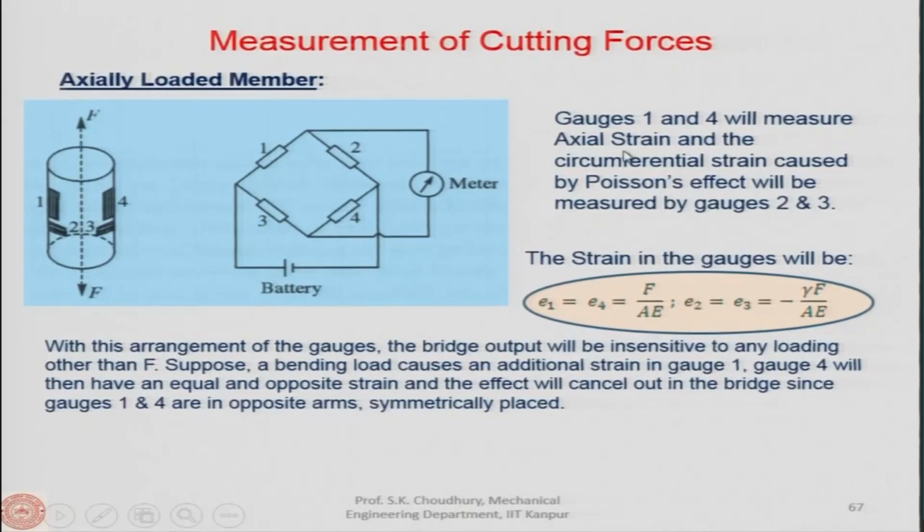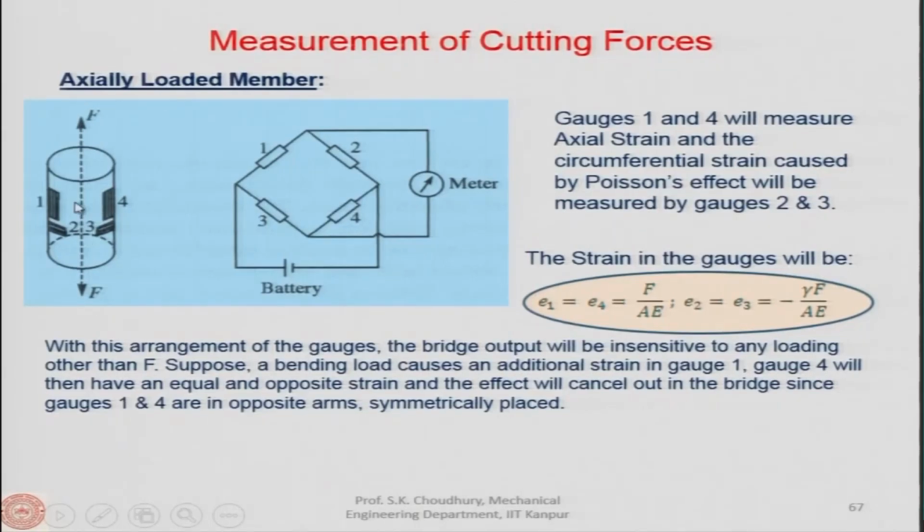Now, when the axial load is applied, the axial strain will be measured by gauges 1 and 4, and gauges 2 and 3 will measure the circumferential strain, which is the result of the Poisson's effect.